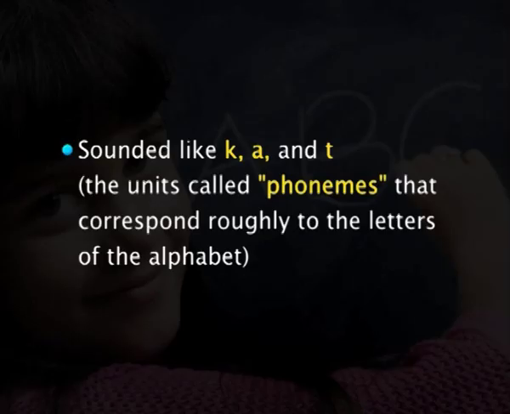The sequence of sounds we think we hear within a word are an illusion. If you were to cut up a tape of someone saying cat, you would not get exact pieces of sound like k, a and t. The units called phonemes that correspond roughly to the letters of the alphabet.